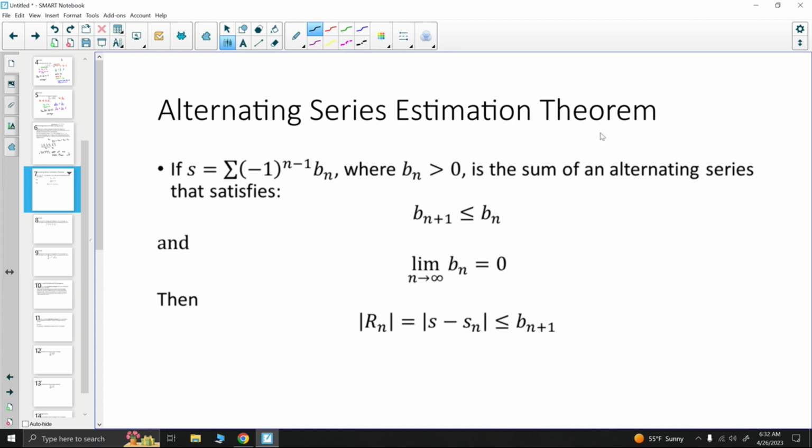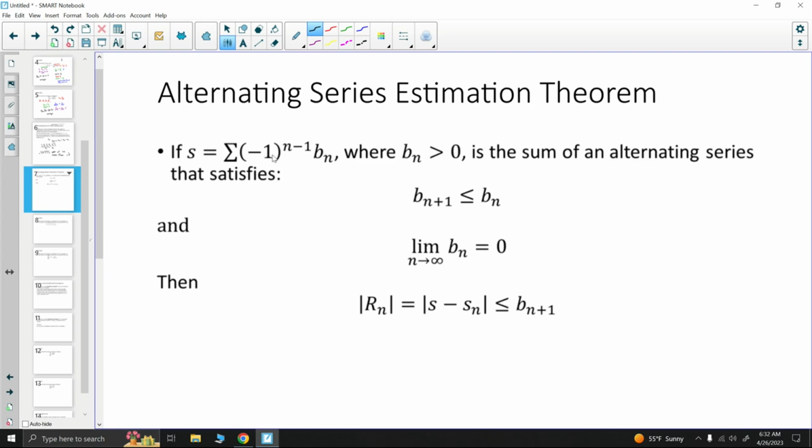So this is just saying, okay, if we have something that converges and meets these requirements, then we can find our remainder by just taking a look at our first neglected term. And this is nice because it means that we don't have to do some kind of integration, which is good because try integrating something that's alternating.